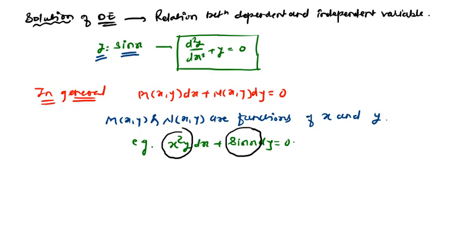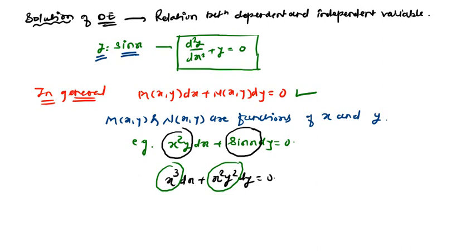We can take another example, x^3 dx plus x^2 y^2 dy equal to 0. Again this is M, and this is N.